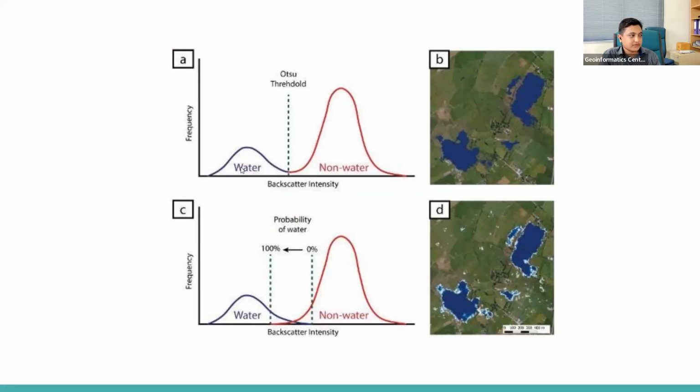Normally whenever there is a water surface, the distribution will be bimodal. So it uses some statistical technique to derive a threshold. Below this threshold it can be marked as water, and above this threshold it will be marked as non-water or any other feature on the earth surface.